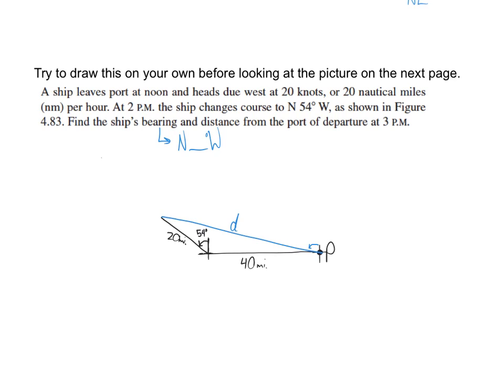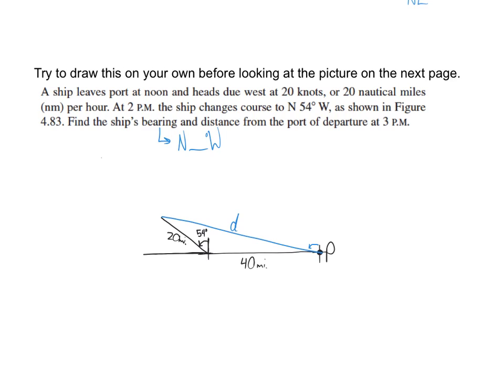And then that straight one went 20 nautical miles. And then I would find that missing angle. Okay, well hang on real quick here. You can't make the bottom side 20 nautical miles.